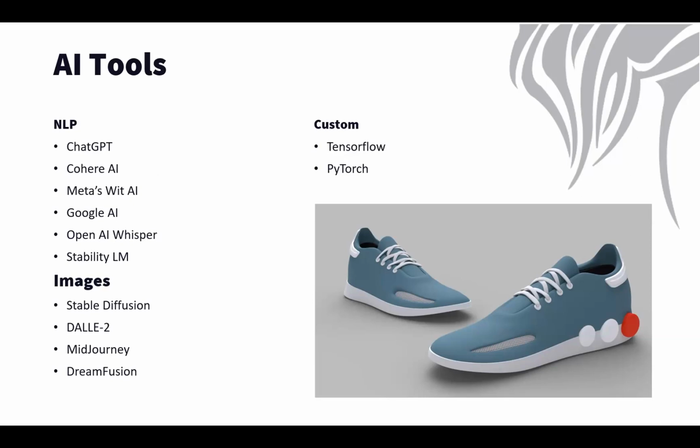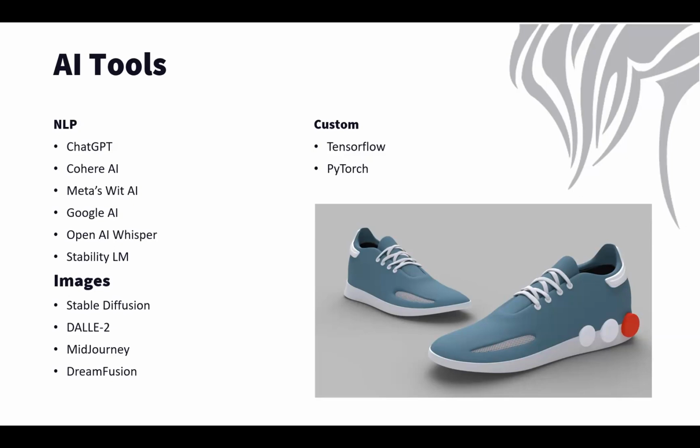The Wit AI is quite nice because you don't need to have programming skills. It's kind of like a no code solution, and it actually works. And then there's Stability LM. This is for text generation. And then for images, if you want to generate textures for your 3D models, you can use Stable Diffusion.